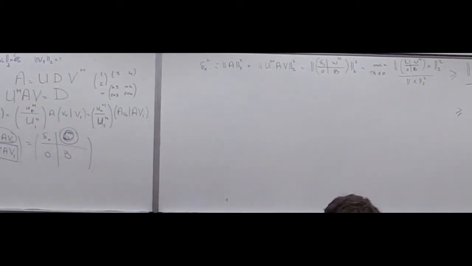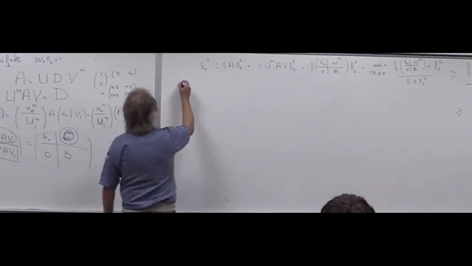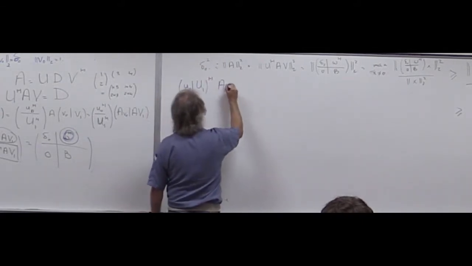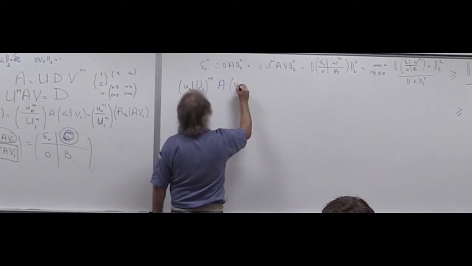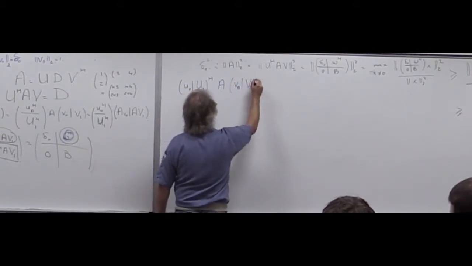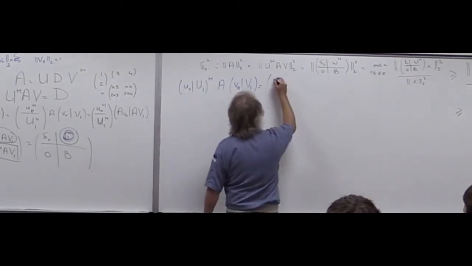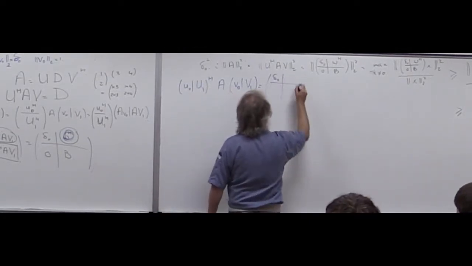Just to recap, we have that [u0, u1] Hermitian times A times [v0, v1] is equal to [delta 0, 0; 0, B], where this is some matrix.